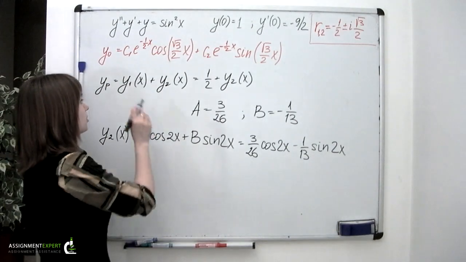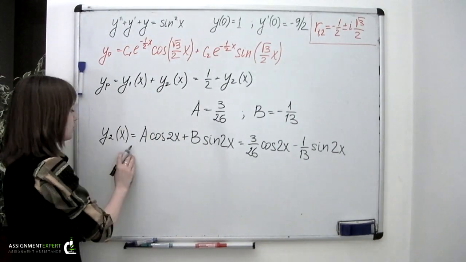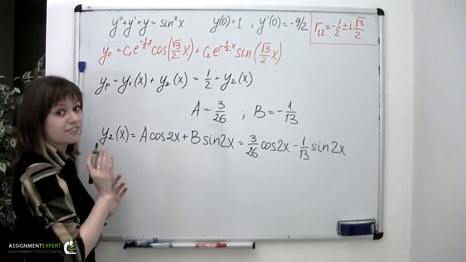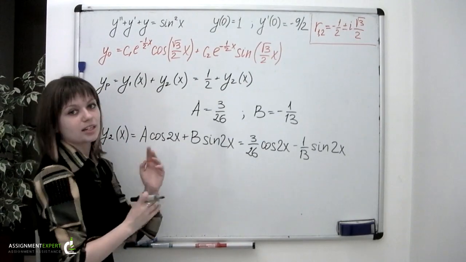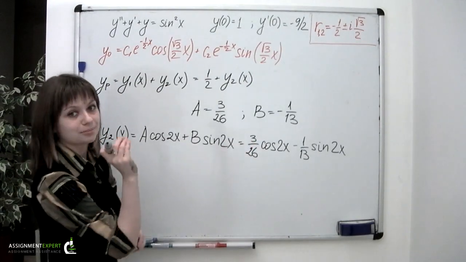Now, as we found y sub 1 of x and y sub 2 of x, we can finally find the particular solution of the non-homogeneous equation we were given.